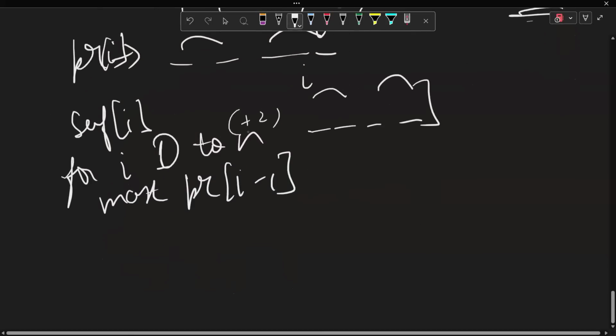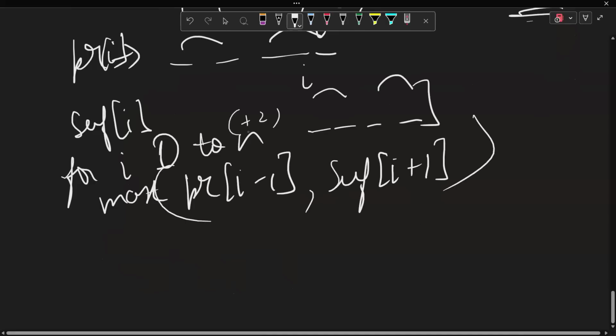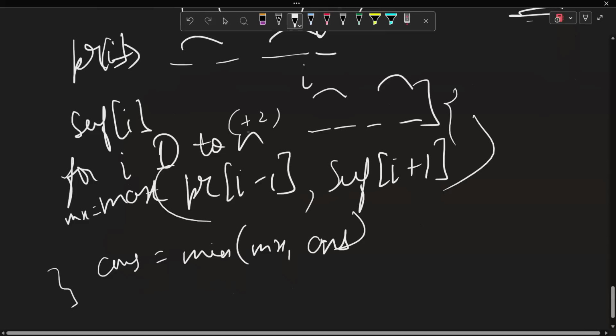That way I would take the maximum of prefix i minus 1 and suffix i plus 1. This maximum would be my k, so my mx is this. Then with answer, I would take the minimum of mx comma answer. This is how I would do it in order of n.